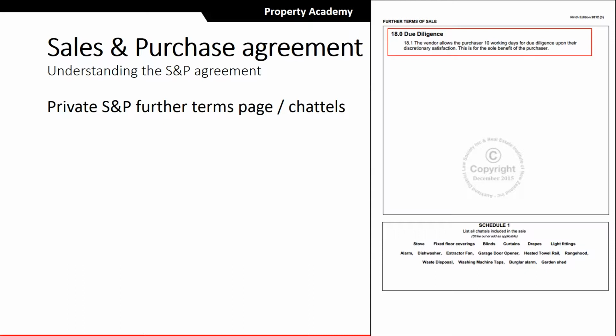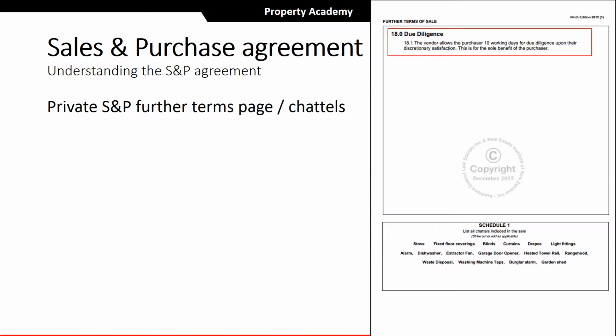So what the clause states is the vendor will allow the purchaser, which is myself at the time, 10 working days for this due diligence process upon the purchaser's discretionary satisfaction, right? So that means the vendor will allow the purchaser 10 working days to go out and do their own research on the property to figure out whether it's a sound investment, and whether it is or isn't, I don't actually have to voice my findings to the vendor.